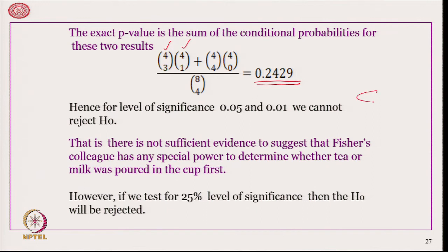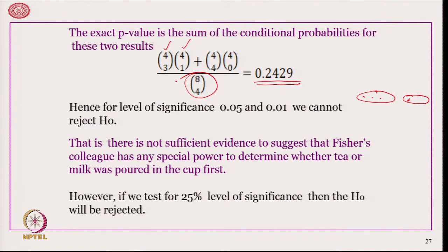Out of these 4 she could correctly guess 3, that is 4 C 3. Out of these 4 she could guess only 1, that is 4 C 1, and for the extreme one it is going to be 4 C 4 multiplied by 4 C 0, and of course, the total number of possibilities is 8 C 4. The result is coming out to be 0.2429.